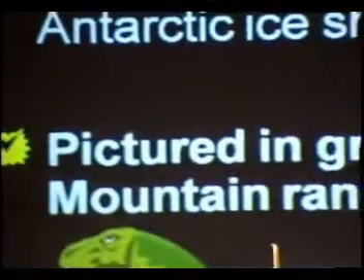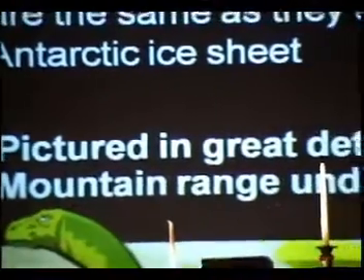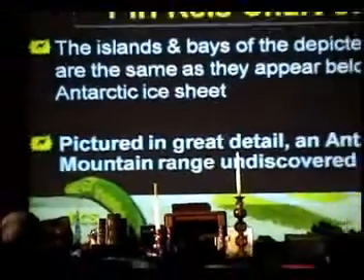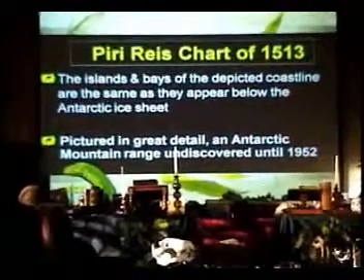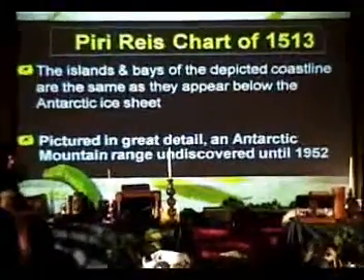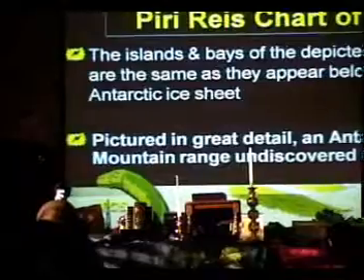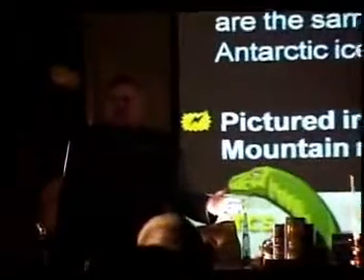Pictured in great detail, an Antarctic mountain range undiscovered until 1952. That map had on it the Trans-Antarctic Mountain Range from 1513. Where did they get that from? Where did they get that information from? Okay, this is a fact. Next.